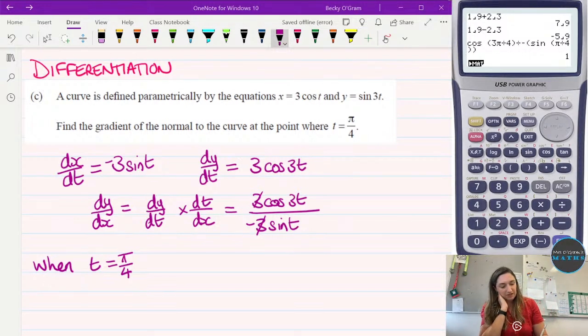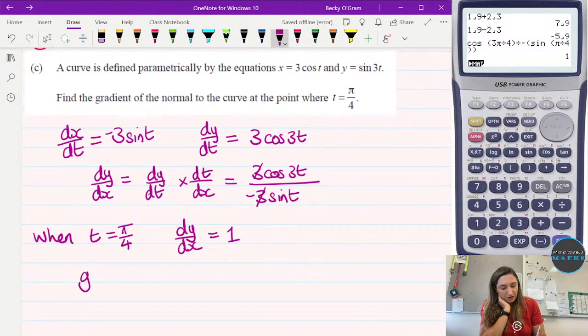And that is 1, which almost feels too good to be true. It's come out so nicely. So the gradient of the normal is the negative reciprocal of that, so that'll be minus 1.